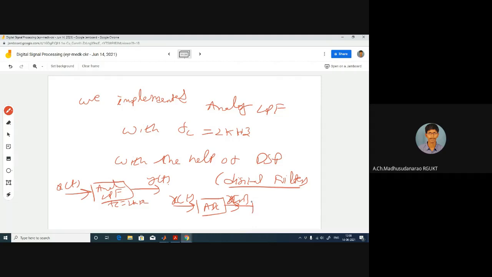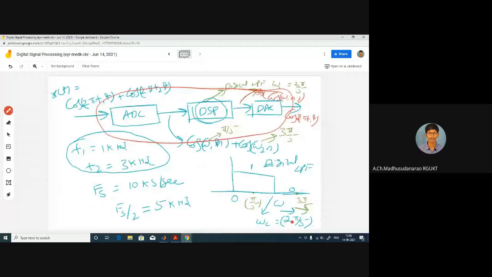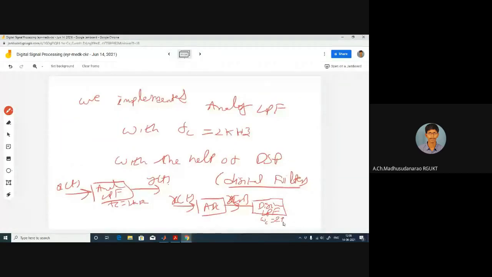After that we go for a digital low pass filter with equivalent cutoff frequency 2 pi by 5. After this digital filter, we reconvert back to analog with a digital to analog converter. Then we get y of t. Both y of t are the same. Instead of an analog low pass filter, we used this setup: ADC, DAC, and DSP.